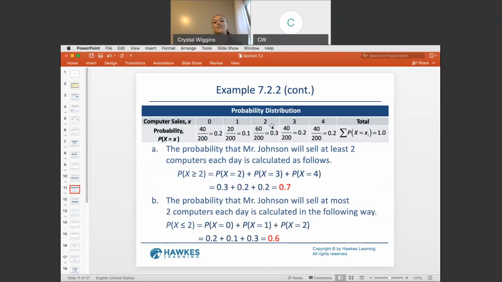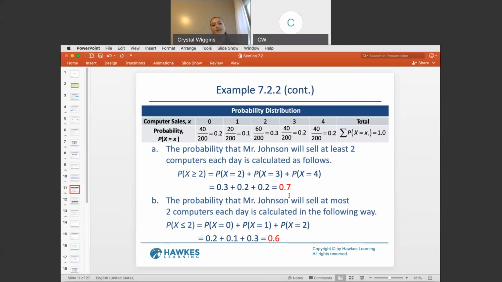So that's including the probability of exactly 2, exactly 3, and exactly 4. So to get the cumulative probability of at least 2 sales, you would add up 0.3 plus 0.2 plus 0.2 to get 0.7, or there's a 70% chance that he'll have at least 2 sales in a day.